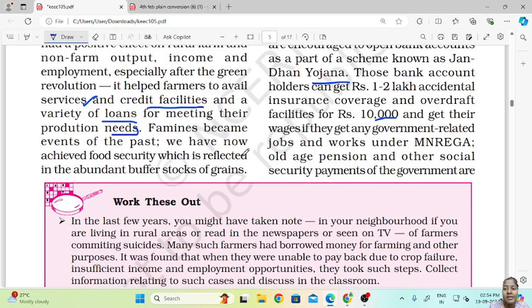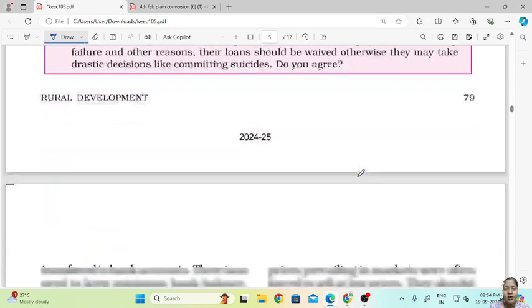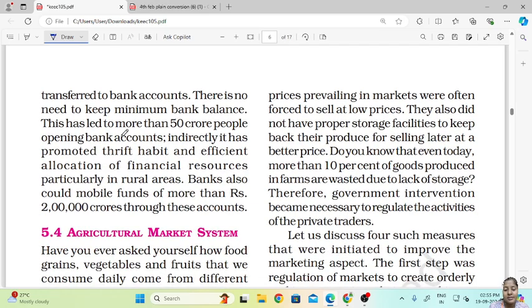They can even get their wages if they took up the scheme of MGNREGA, that is government related jobs, providing 100 days employment for the people. Old age pension and other social security payments of the government are transferred to bank accounts. In these schemes, there is no need to keep a minimum bank balance.